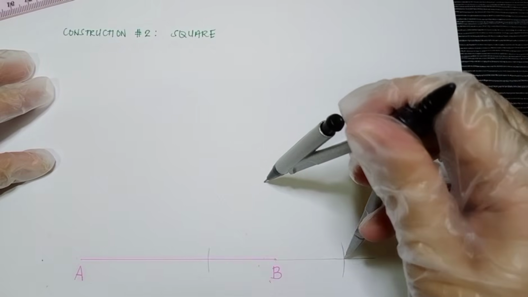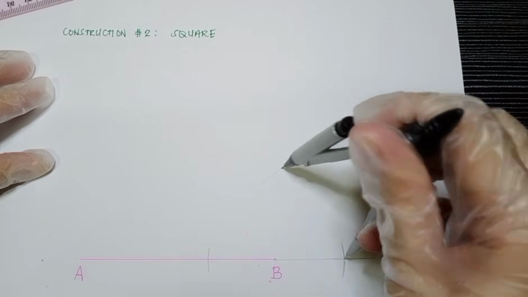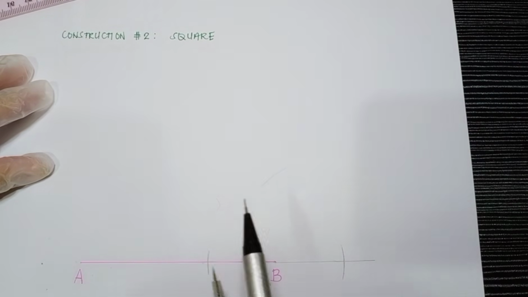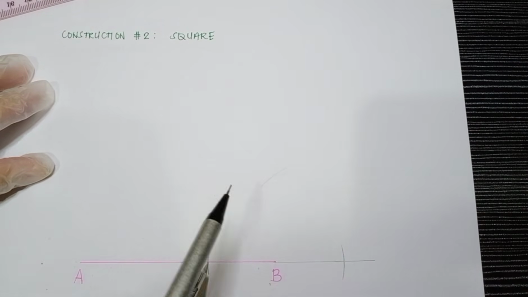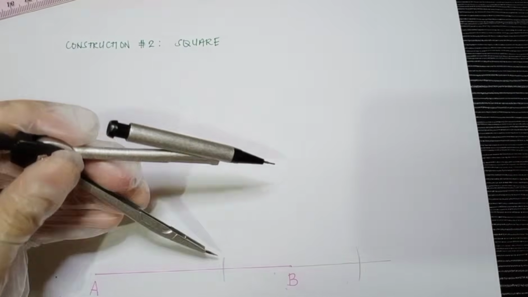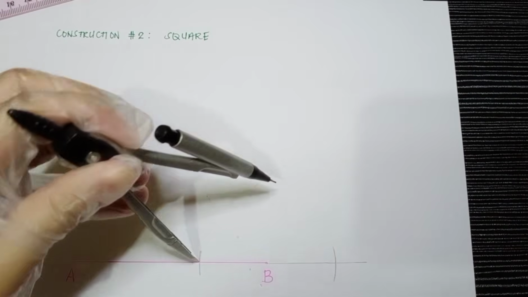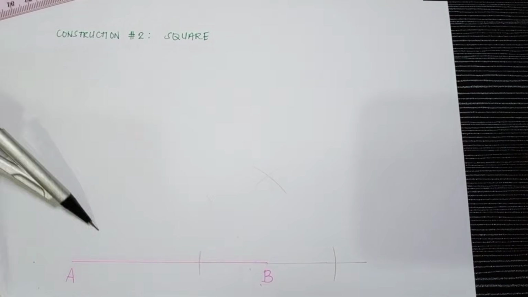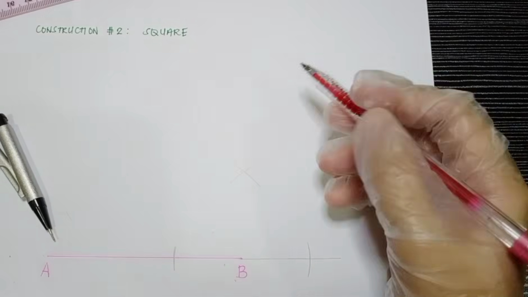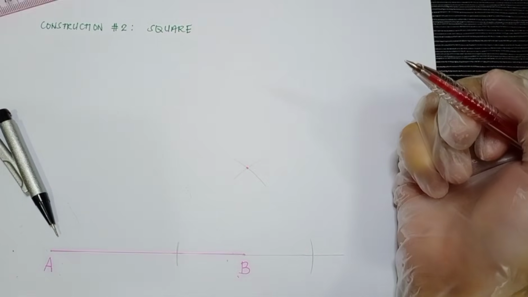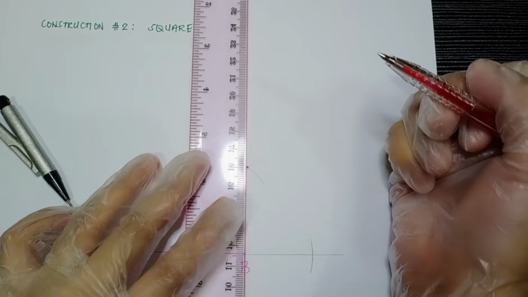Okay, so ito po yung gagamitin natin para makapag-form tayo ng arc dito sa intersection para makagawa tayo ng perpendicular line. Ganon din po sa kabila. So, gagawa rin po tayo dito ng arc. Okay, so gawa po tayo ng arc dyan. So, now, nakabuo po tayo ng intersection dito. Okay? So, itong intersection na to, i-connect po natin dun sa B.